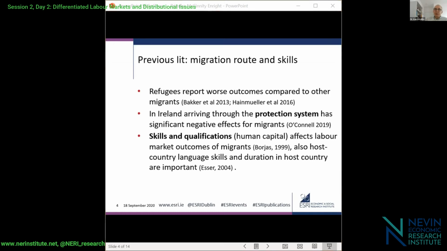The literature does say that skills and qualifications can mitigate some of these effects. Migrants who have higher education tend to report better labour market outcomes than other migrant groups. Host country language can also be really important in these types of models.